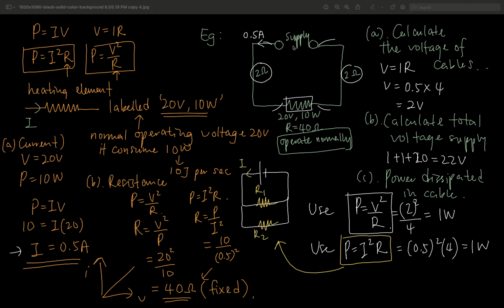It is the current flowing through R1 in the case of a parallel circuit. For a parallel circuit, if you use P equals V squared over R, then you do not worry, because the V is the same everywhere.